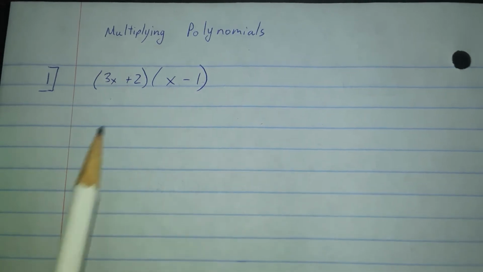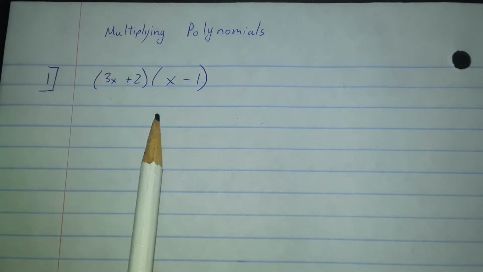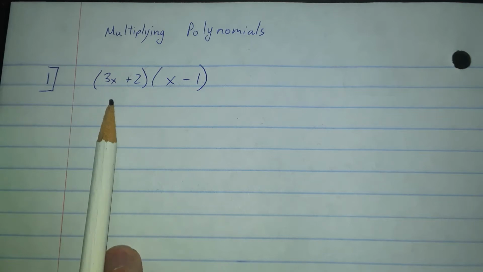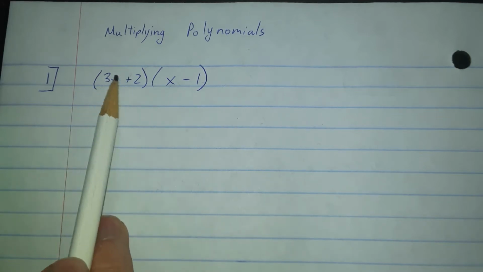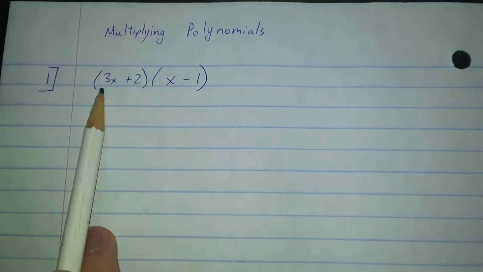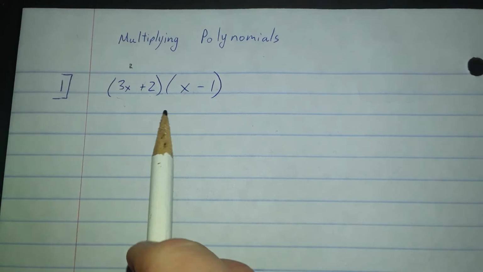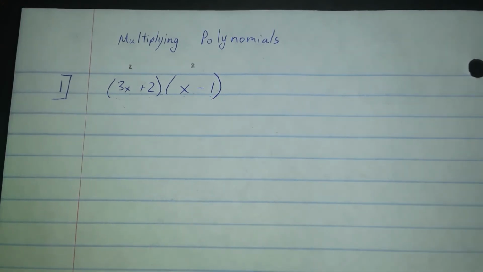And the first thing that I want to do is an estimate of how many terms I should get when I multiply a binomial times a binomial. So I'm going to count the number of monomials in each set of parentheses. In the first set I have 1, 2. In the second set I have 1, 2.